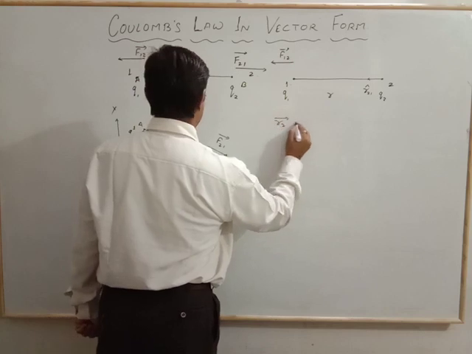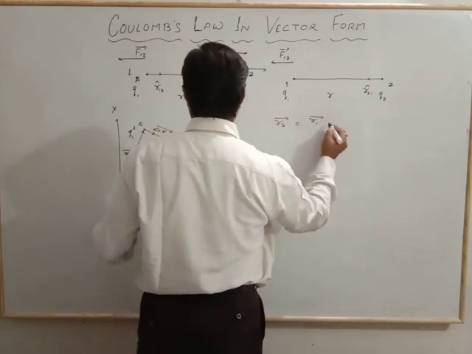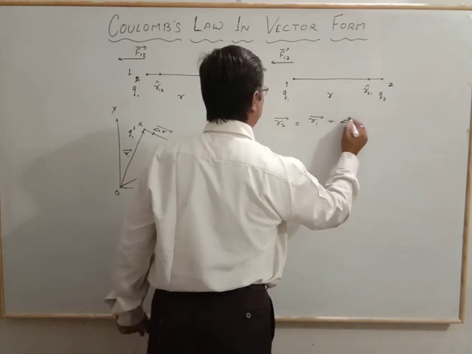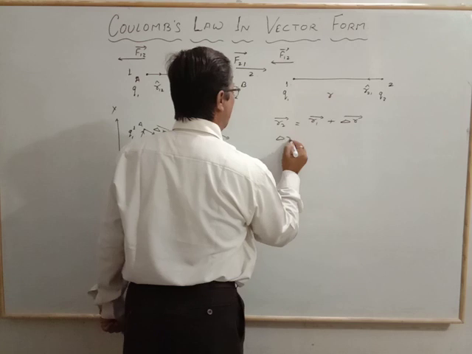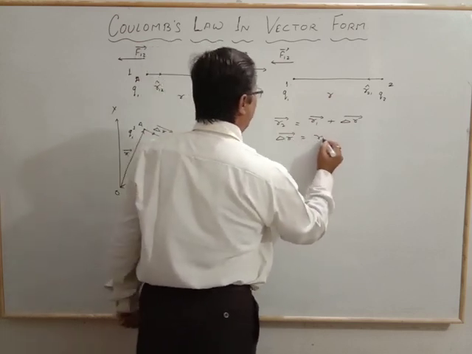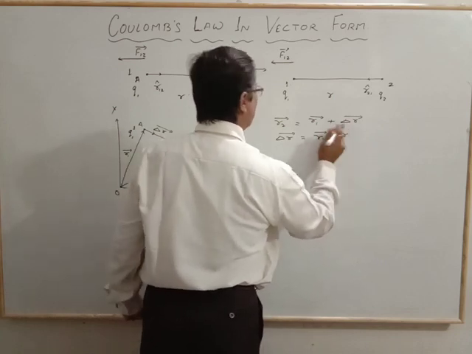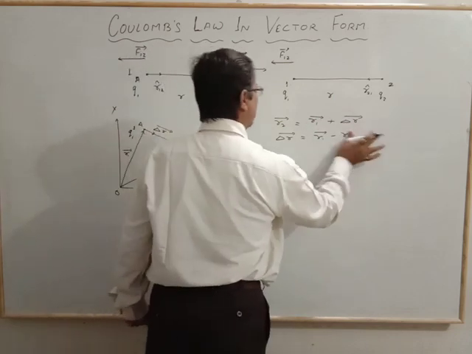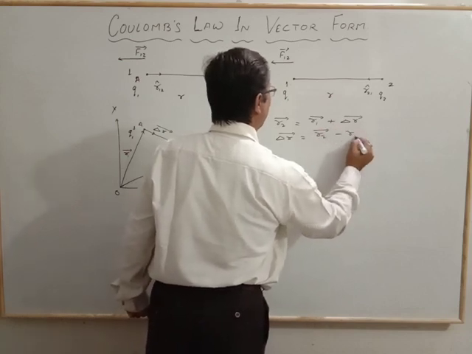So according to the triangle law, we can write R2 vector is equal to R1 vector plus delta R, or delta R vector is equal to R2 vector minus R1 vector.